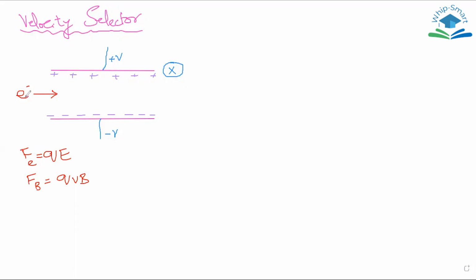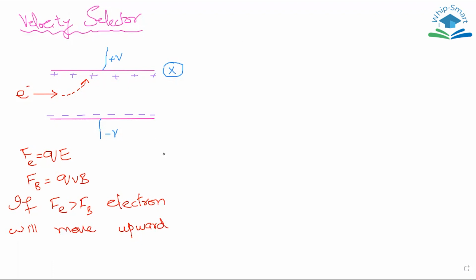The positive plate will attract the electron, and the negative plate will repel the electron. If the magnetic field is switched off, then this particle will be attracted towards the positive plate, and it will be repelled from the negative plate. So we can say that if the electric force is greater than the magnetic force, then it will move upwards.